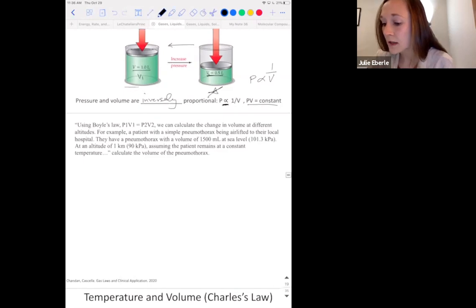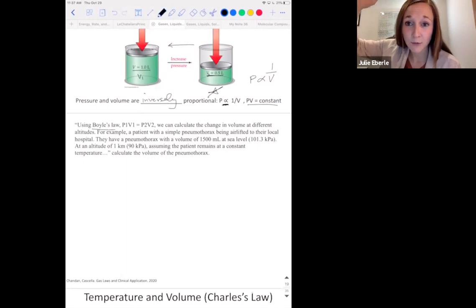So using Boyle's law, P1 V1 equals P2 V2, we can calculate the change in volume at different altitudes, because as you go up in altitude, what happens to pressure? Like the pressure on you, that gravitational force, the atmospheric pressure decreases as you go up in altitude. Now, how does this relate to health sciences?